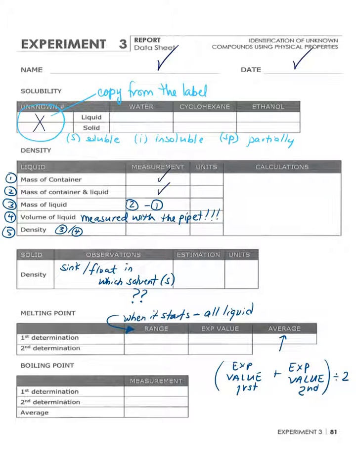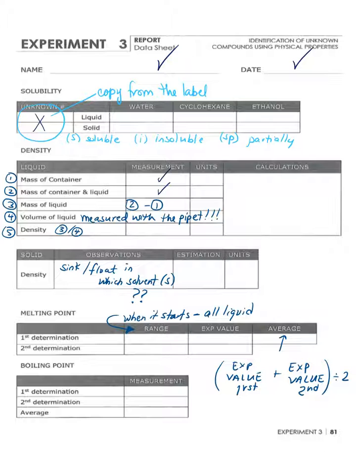So you can calculate the mass of your liquid, which is the difference between the mass of your beaker with the liquid minus the mass of your empty beaker. That will give you the mass of your liquid. The volume of the liquid you already have, because that's the volume that your pipette is measuring. So that will be your 10 milliliters.